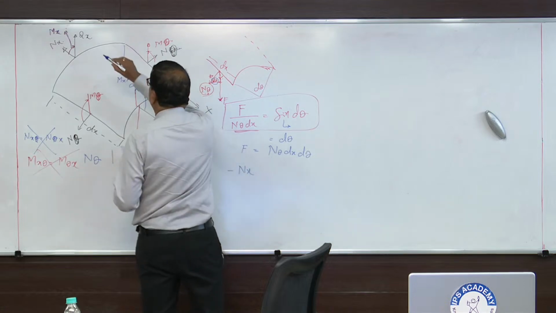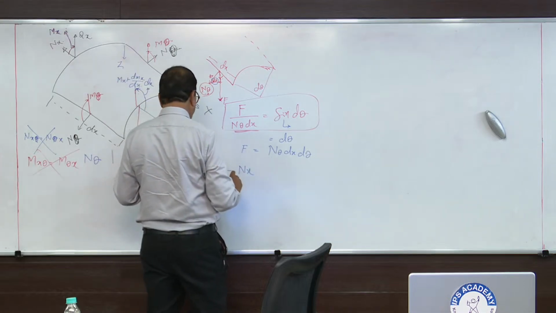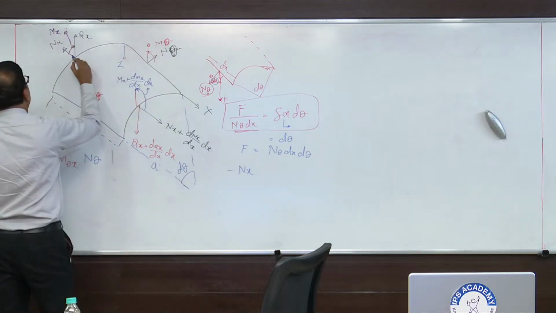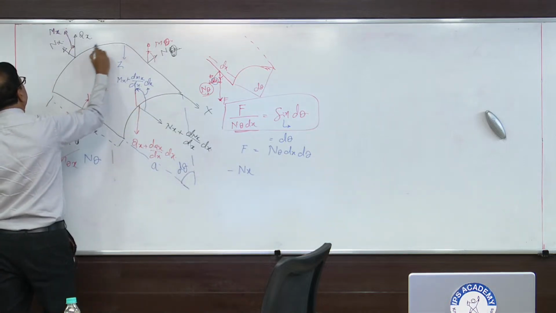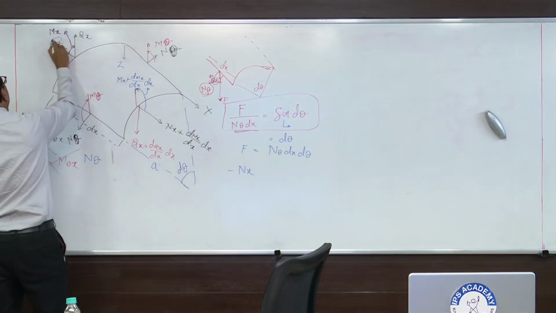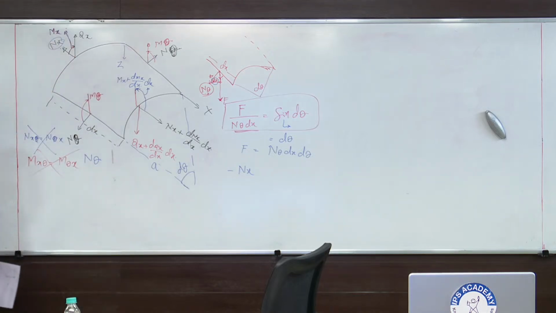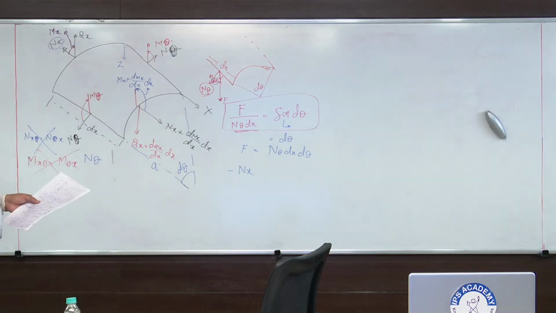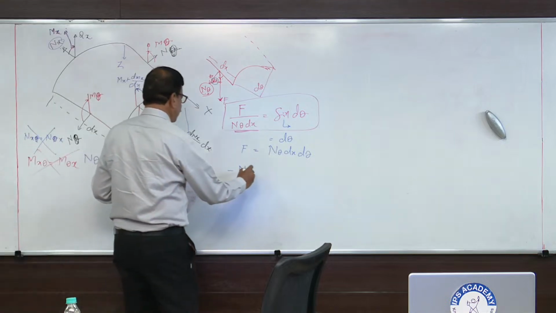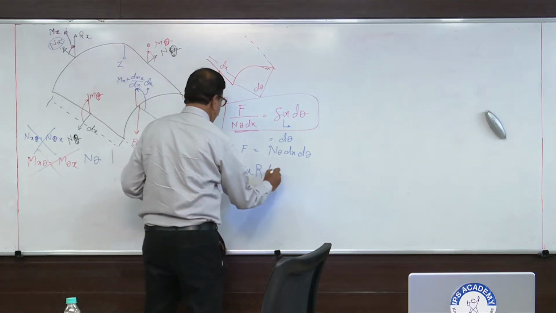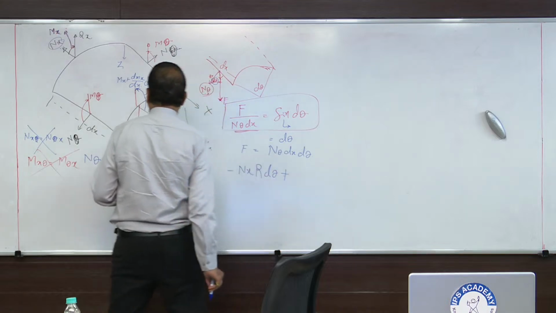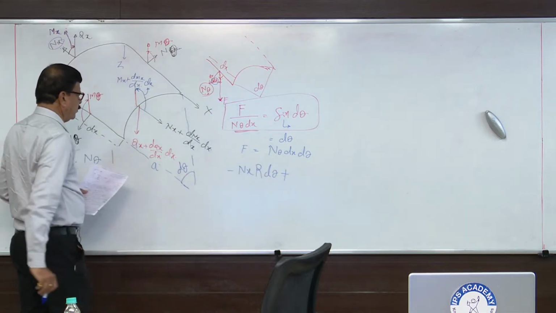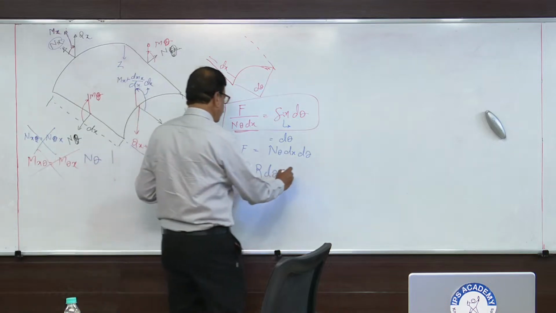If you take that direction as minus, then N x, this total force acting on this side, what is the value of the force? N x into r d theta. Radius r, d theta.